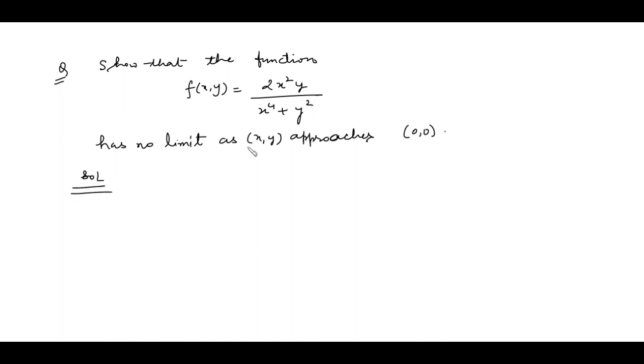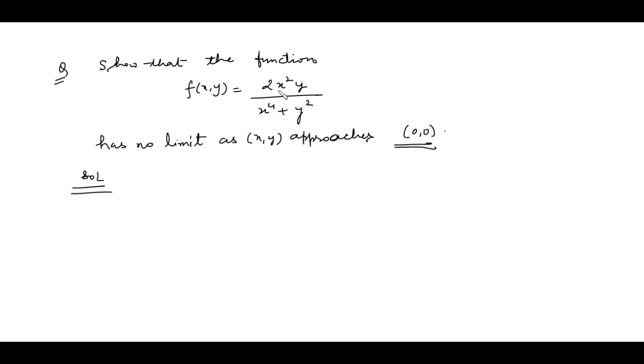Now just see the solution. We need to check at 0, 0. So we need to find those paths which pass through 0, 0 such that the terms in x and y in the numerator are cancelled out with the terms in x and y in the denominator. So we have to choose a path in such a way that x, y terms are cancelled out in the numerator as well as in the denominator, and that path also passes through 0, 0.